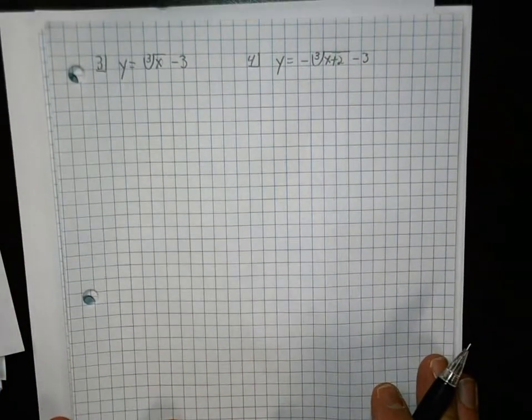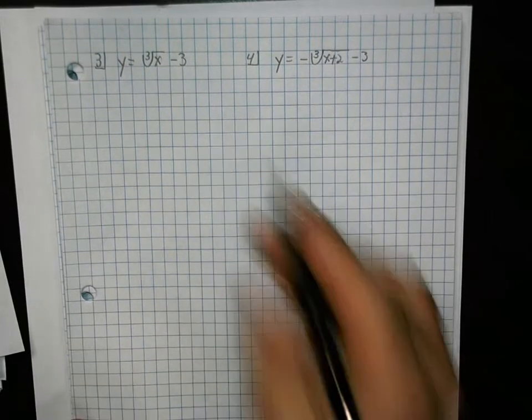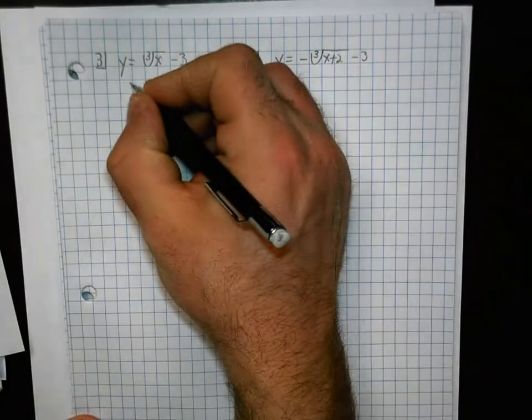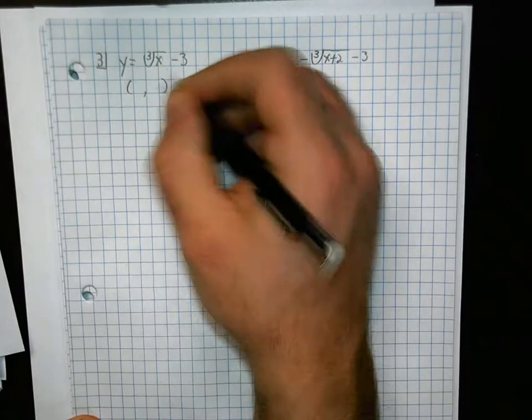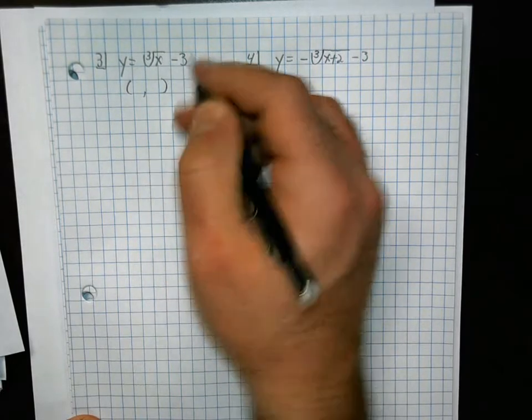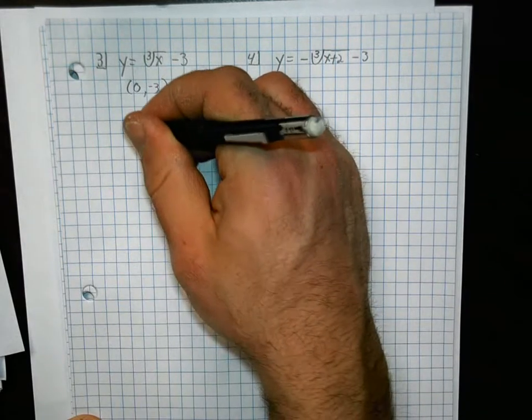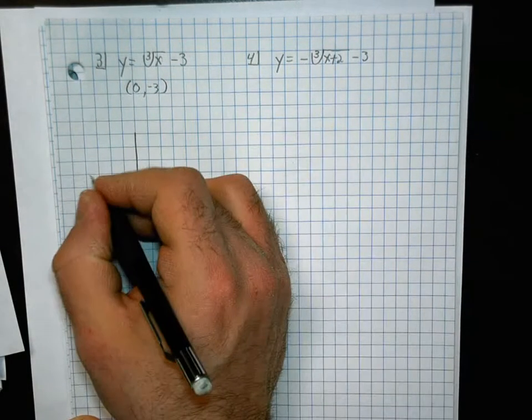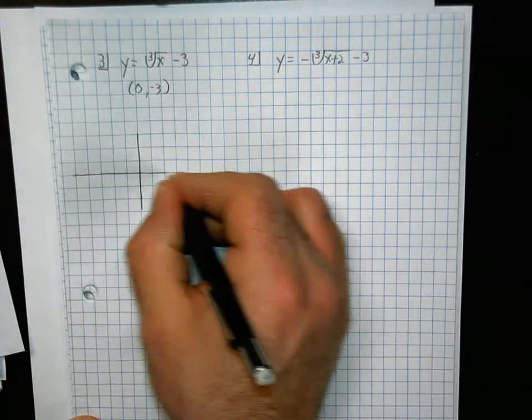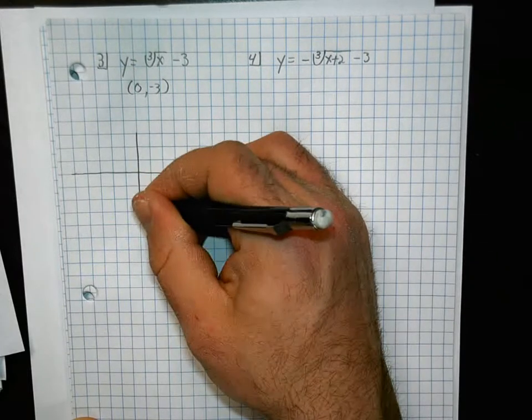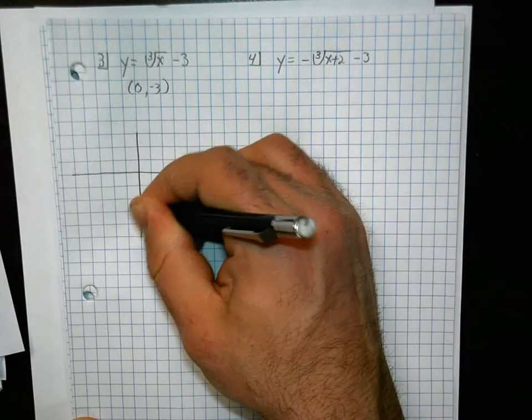A couple more. Let's try some cube root ones. Okay, so this one, my h, I don't have an h. H is 0 and k is negative 3. Negative 3.